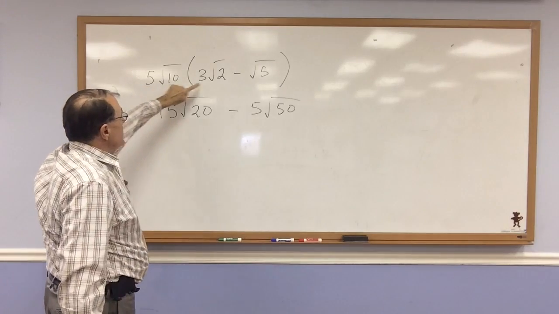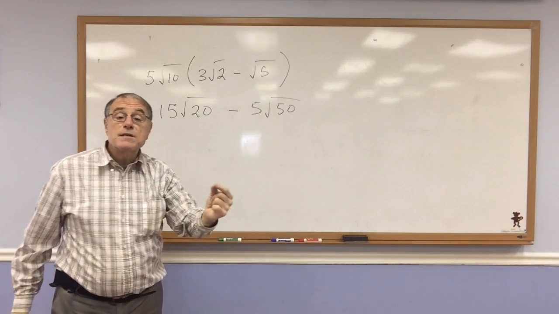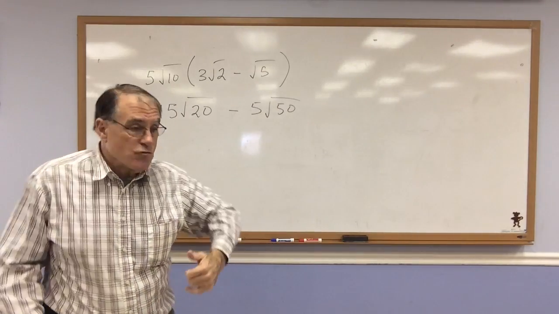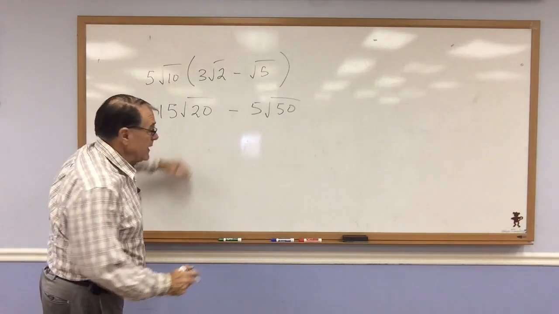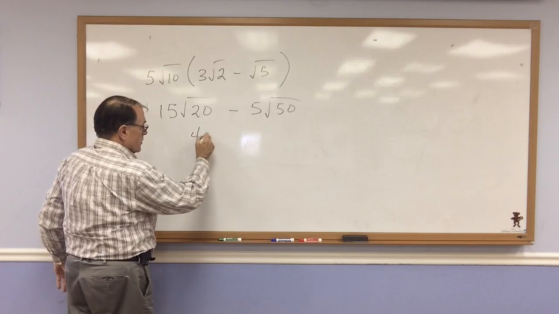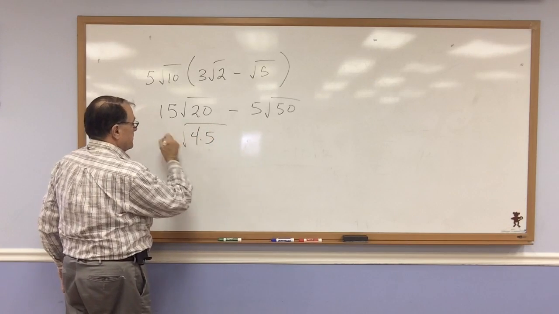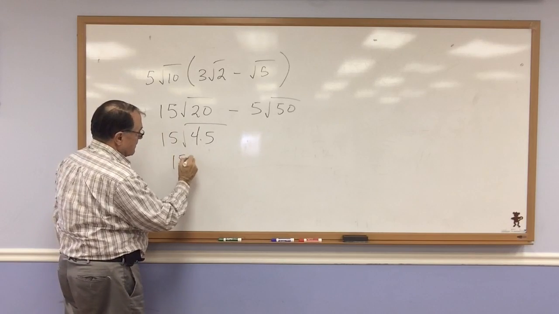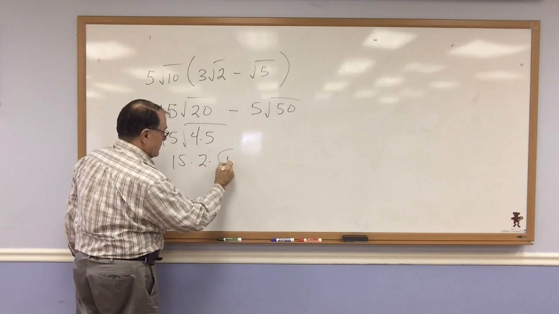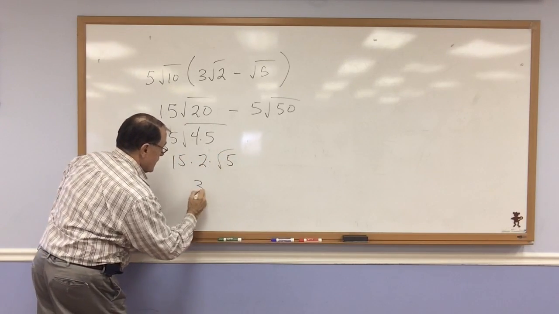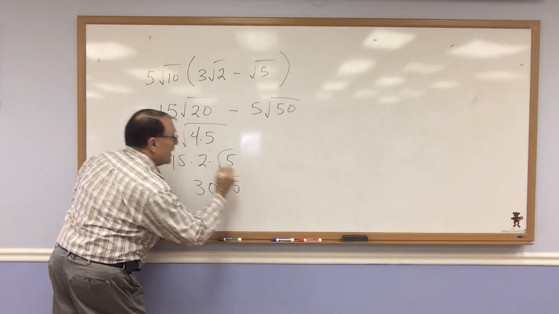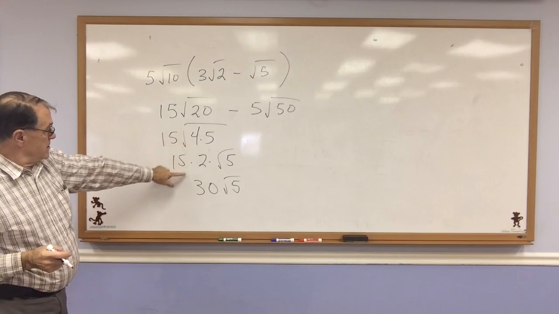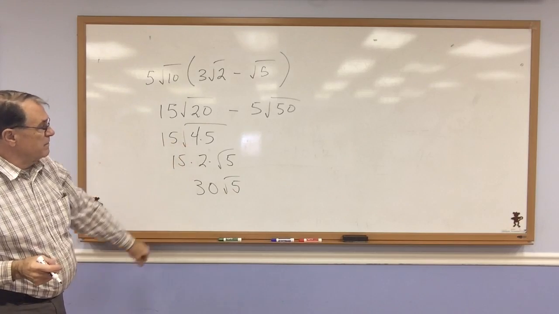Now, while these three radicands cannot be simplified, look what I now can do after I've distributed. Well, root 20, we know, is root 4 times 5. Root 4 I know is 2. I've got 15 times 2 times root 5, giving me 30 root 5, you see. 15 times 2 is 30, so 30 root 5.